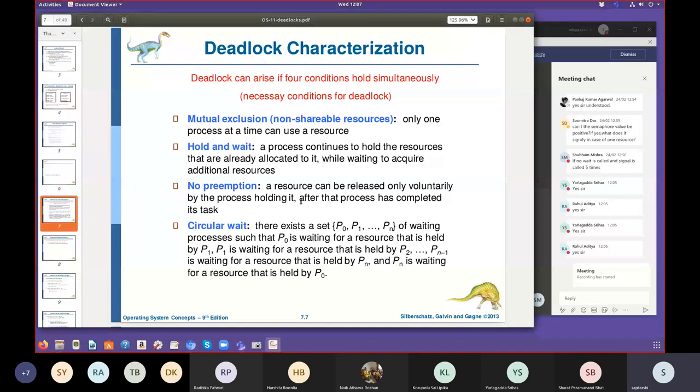Basically there exists a set of processes such that every process in this set is waiting for some event which can only be caused by some other process of this set. So they keep on waiting forever, because the process for which one process, Pi, is waiting is itself waiting for some other process, and so on.